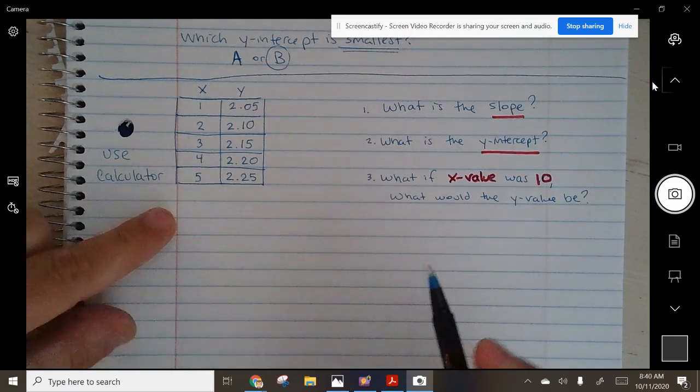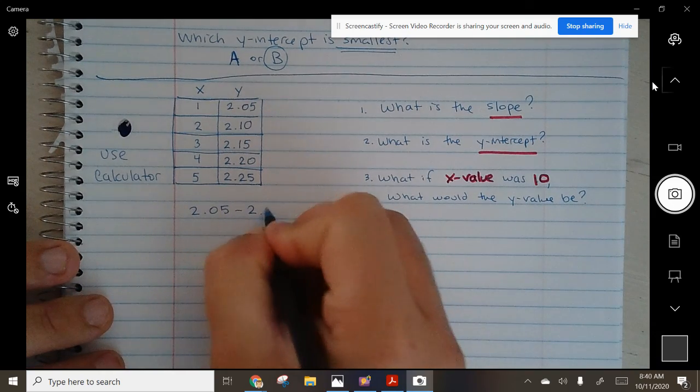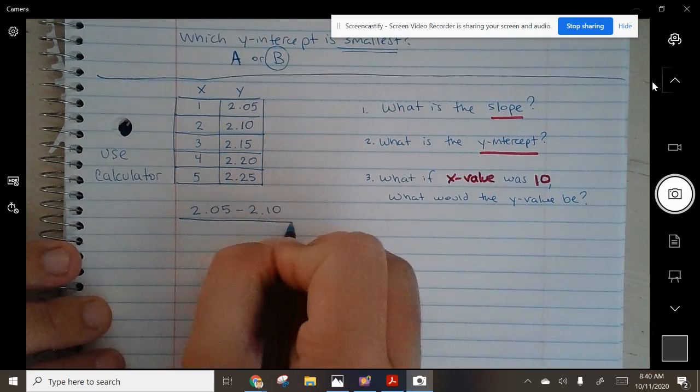So let's go ahead and go y minus y. And what is the slope for this one?